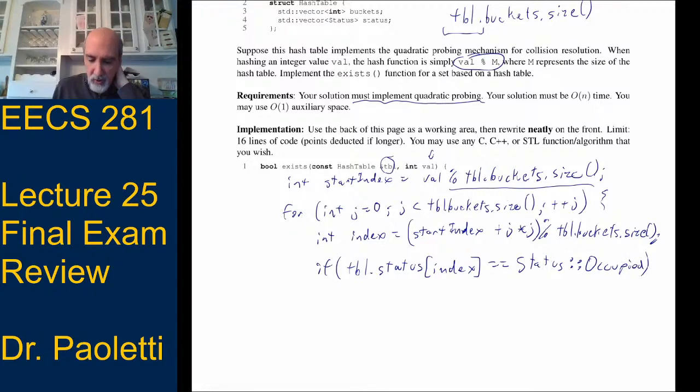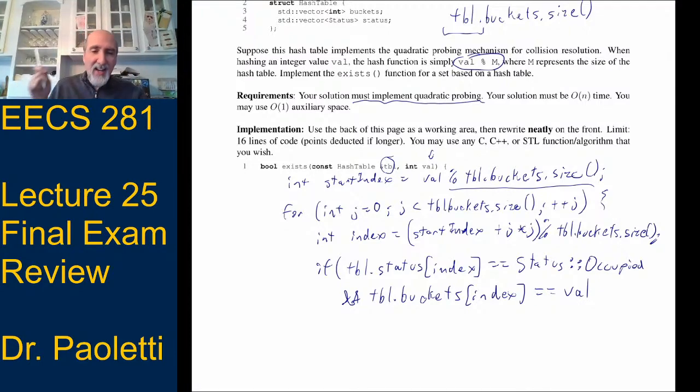Okay, so if that's true, oh whoops, nope, closing parenthesis, we're not done yet. And tbl.buckets at that index is equal to the val I'm looking for. So if it's occupied and it's the value I'm looking for, I've got a typo here.